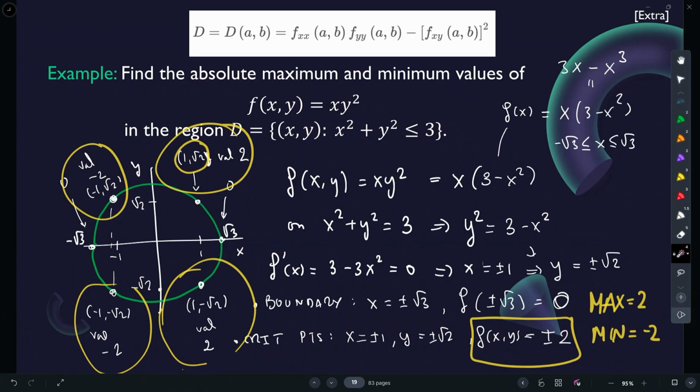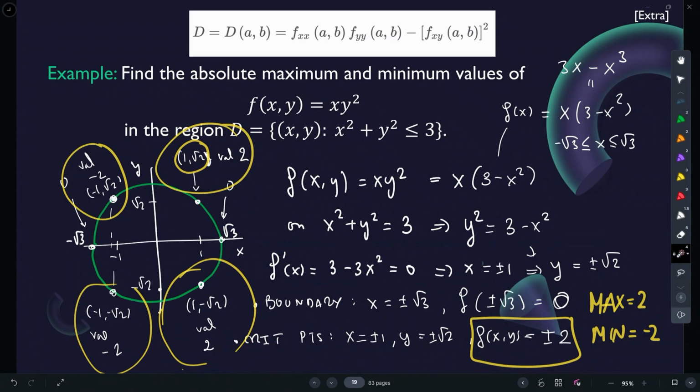So the boundary here, we also have to figure out what is the absolute max and min of a function in an interval. So when you were trying to find in calculus 1, I think, the absolute max and min of a function in an interval, you have to find the critical points and also evaluate at the borders, so at the endpoints of the interval. In this case, this function at the endpoints is 0, so it doesn't matter.